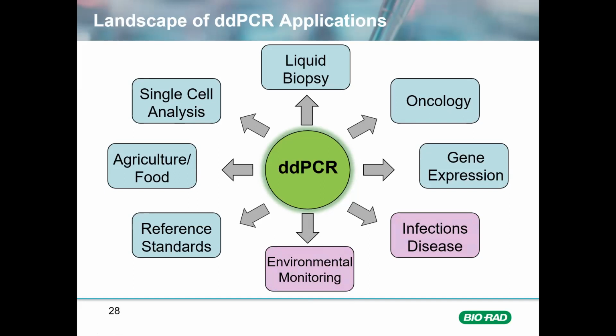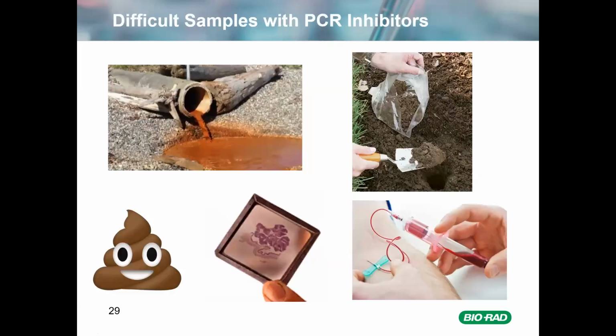Now, ddPCR is not specific for COVID-19 and wastewater. There are various applications for which we are seeing groups use ddPCR, with samples that are notoriously difficult to work with because of the presence of PCR inhibitors. So this includes wastewater, or just surface water.